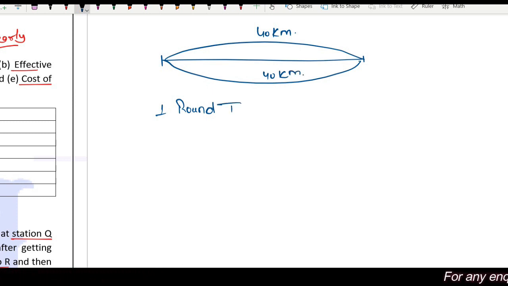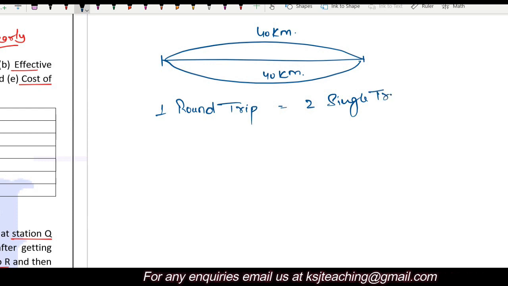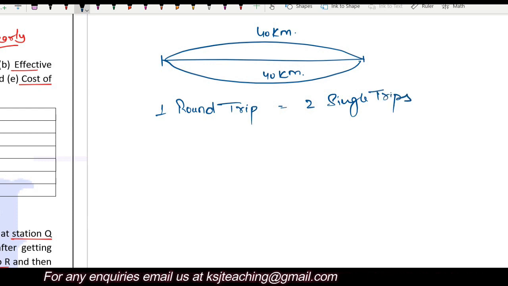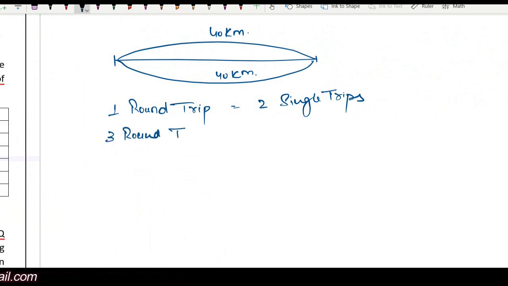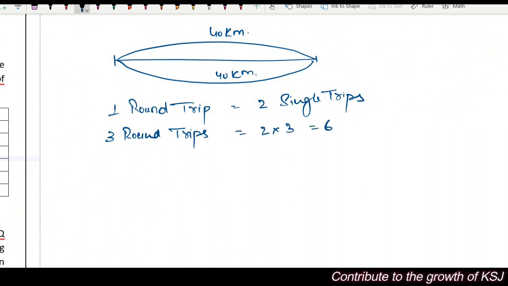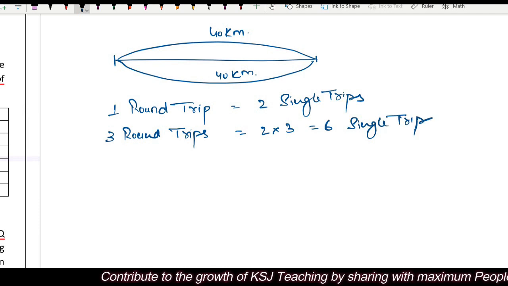So in the last lecture also, I said one round trip is equal to 2 single trips. This is what we discussed, right? And if you have 3 round trips, that is equivalent to 2 multiplied by 3 is equal to 6 single trips, right?